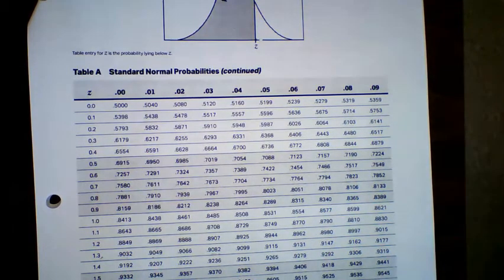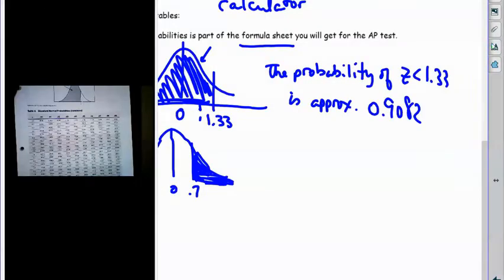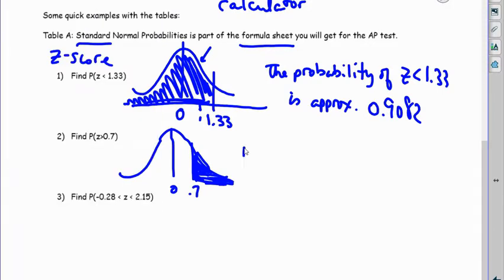So let's write that down. If I go 1 minus 0.7580, I get 0.242.